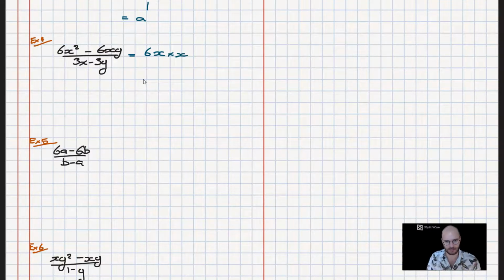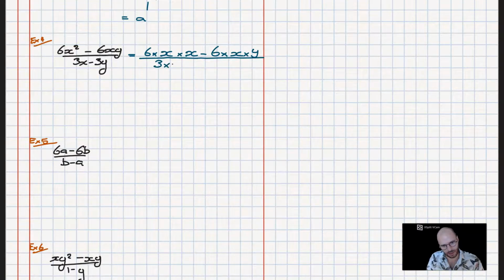And then, actually I'll change the color because that's a little bit hard to see. 6 times x times x. Got a 6 times x times y. And this is all over 3 times x, take 3 times y.